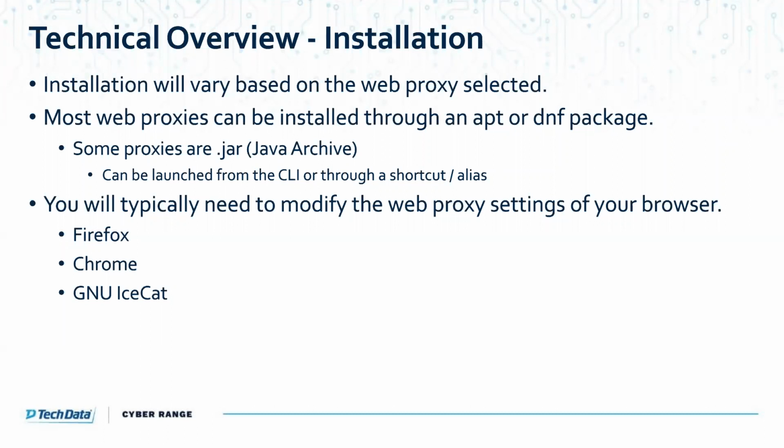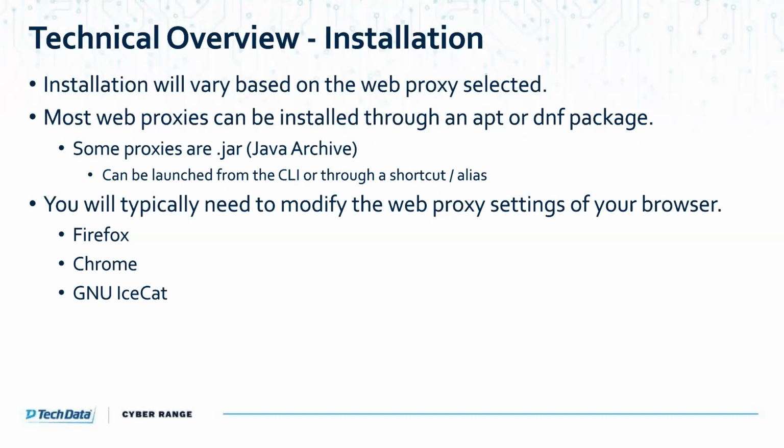In terms of using it, you will have to modify the proxy settings in your browser. The proxy settings for each browser are different. Firefox has a different procedure than Chrome. Chrome has a different procedure than Firefox. And then GNU IceCat is a Free Software Foundation browser that is very similar to Mozilla's Firefox.